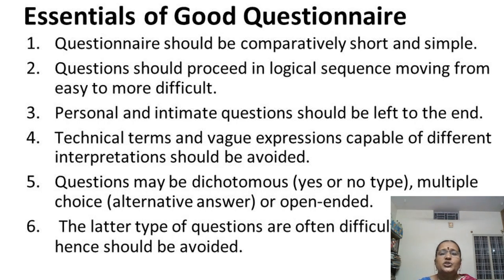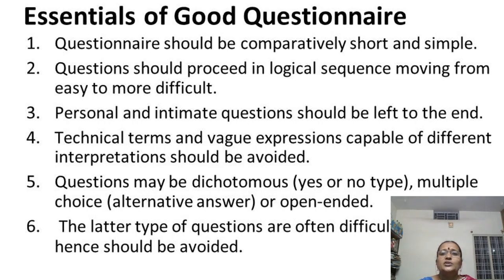Next, if a questionnaire is to be called a good questionnaire, it requires certain essentials. So, what are the essentials of a good questionnaire? First one is the questionnaire should be comparatively short and simple. Second one is questions should proceed in logical sequence, moving from easy to more difficult. And thirdly, personal and intimate questions should be left to the end.